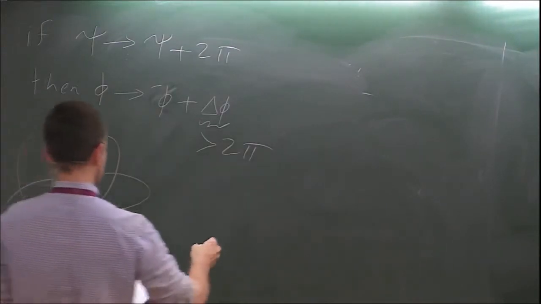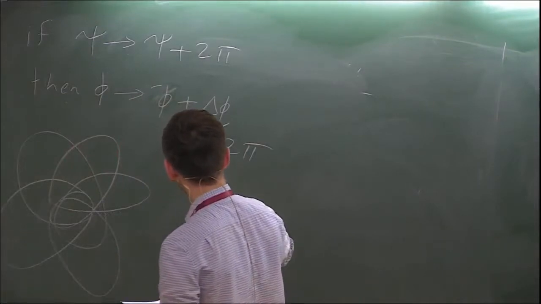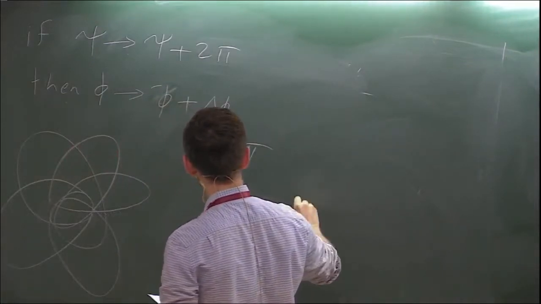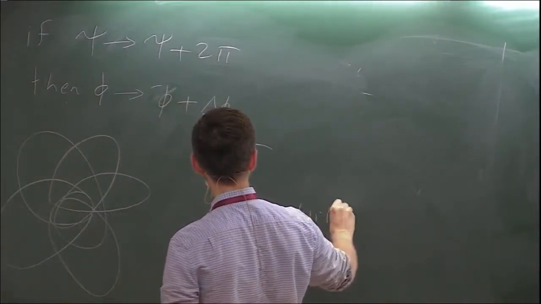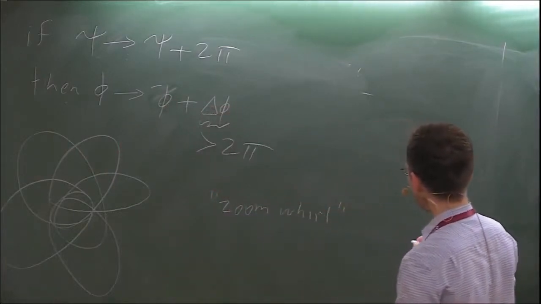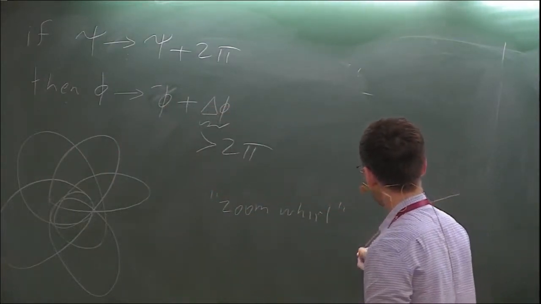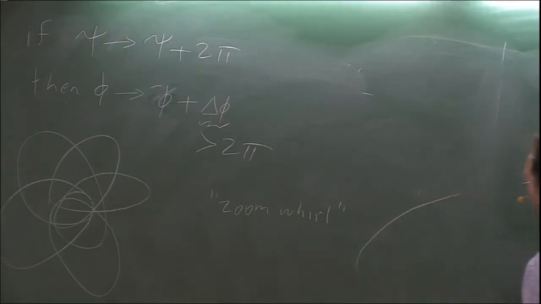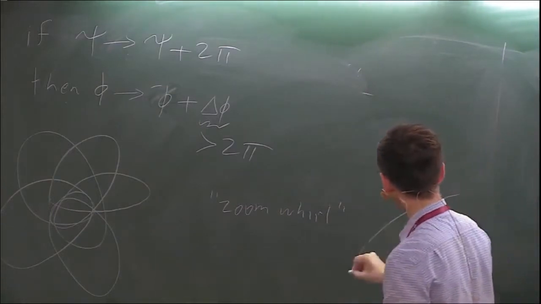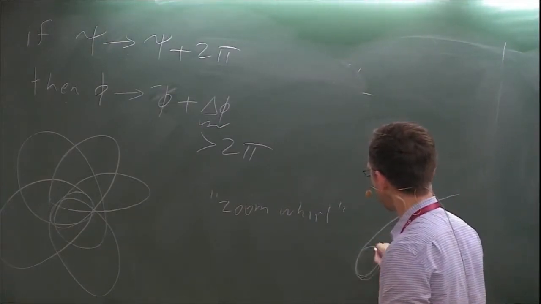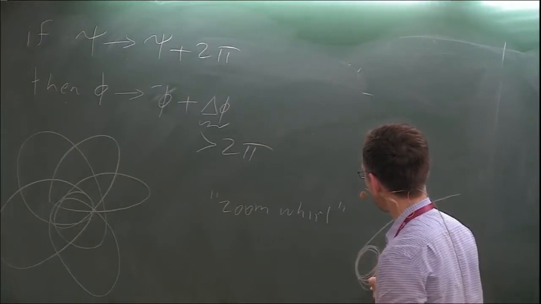But then you can get extreme cases called zoom whirl orbits, where you come in and you complete many, many phi cycles for a given r cycle. So you come in, you zoom in, you cycle around and around, and then you come back out.